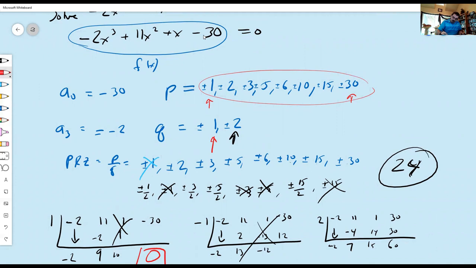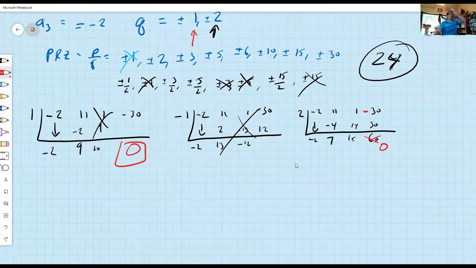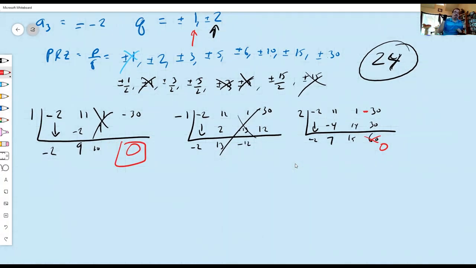This right here should be a minus. So this is actually a 0. I apologize for my mistake. Now what's this mean? The remainder is 0, right? R equals 0. Well, x equals 2 is a 0 because it makes y equals 0. X minus 2 is a factor.